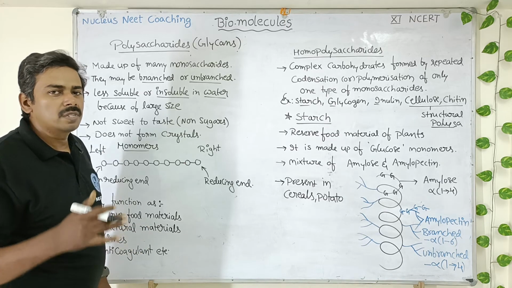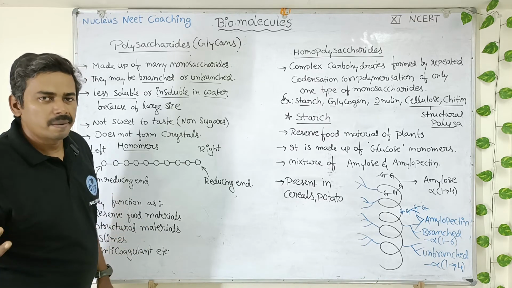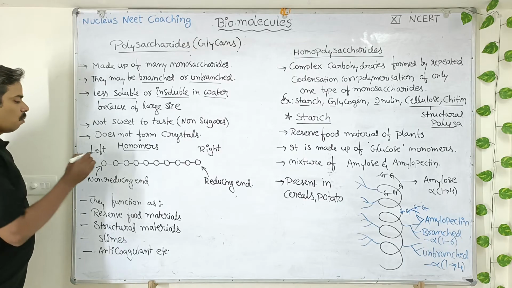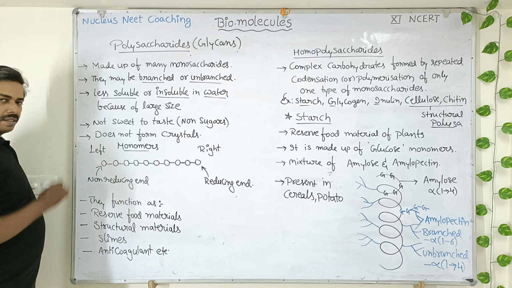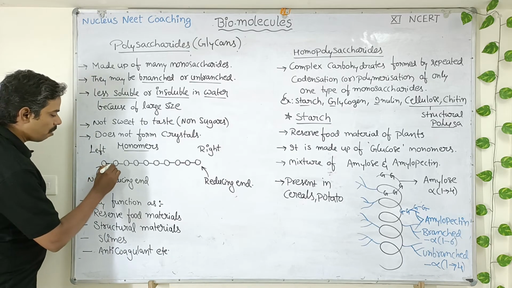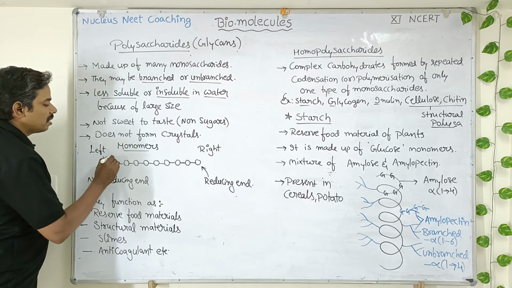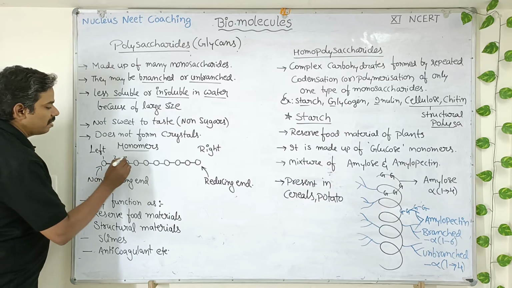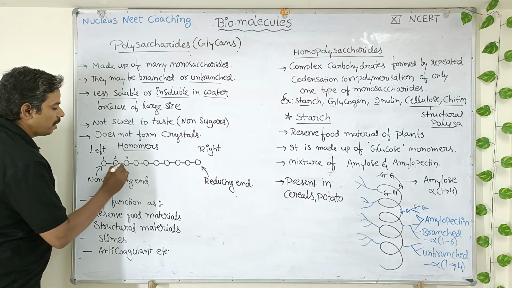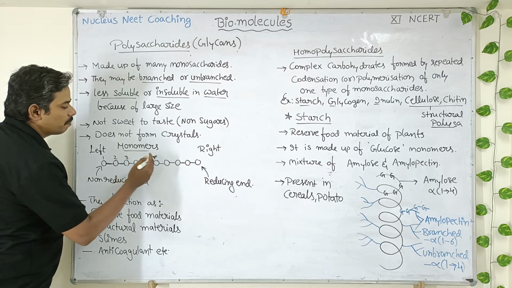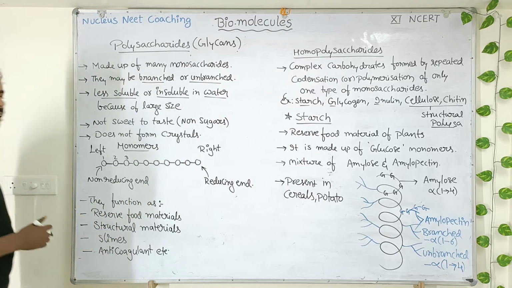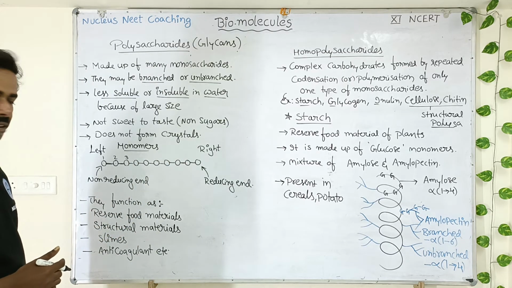It can be a glucose, it can be fructose, or any type of monosaccharide. One monomer is attached to another monomer by a bond called glycosidic bond. The first is attached to second is attached to third, again by glycosidic bond. This process repeats again and again. This is called condensation or polymerization.